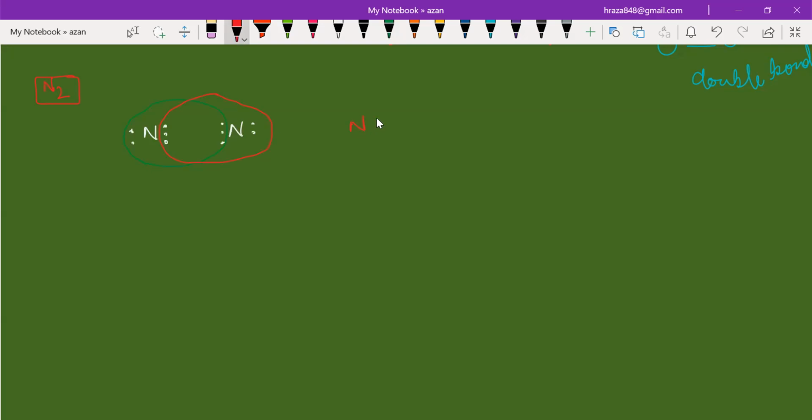Now, a triple bond will be formed, yes or no? Yes, sir. So see, I have written H-H, O double bond O, and N triple bond N. This is a single bond, this is a double bond, and this is a triple bond.